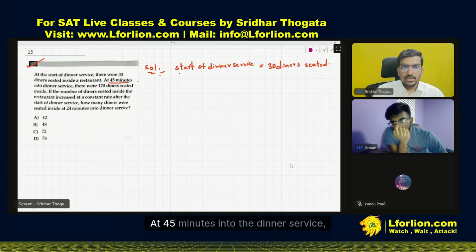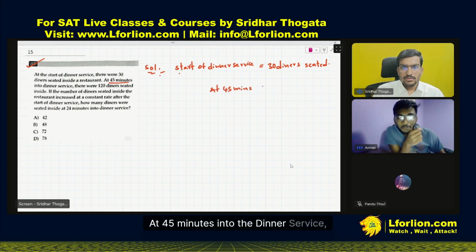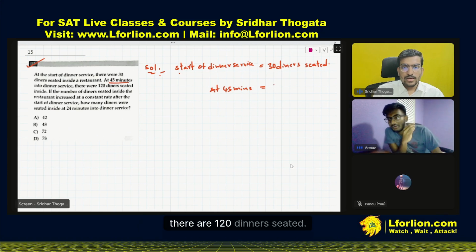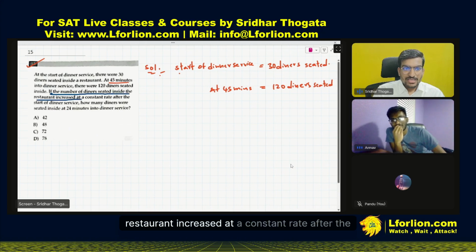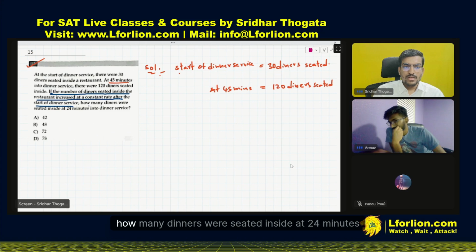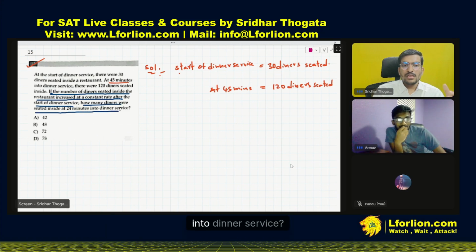Now, at 45 minutes into the dinner service, there were 120 dinners seated inside. If the number of dinners seated inside the restaurant increased at a constant rate after the start of dinner service, how many dinners were seated inside at 24 minutes into dinner service?